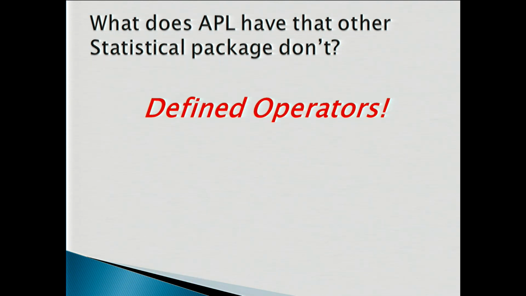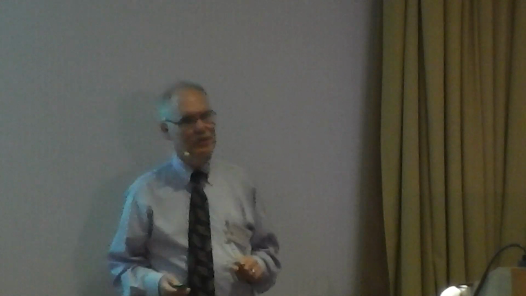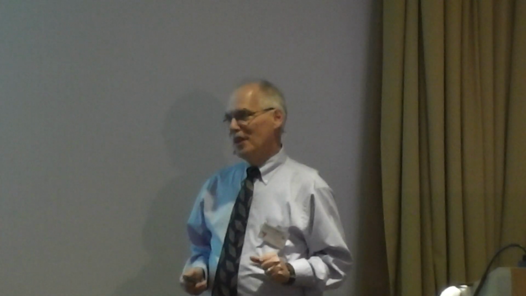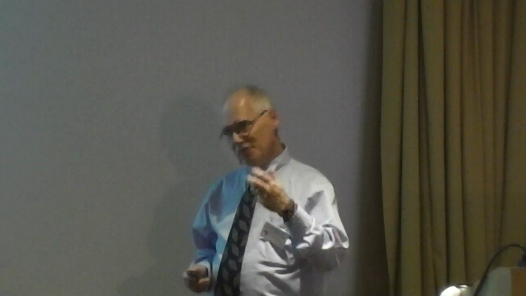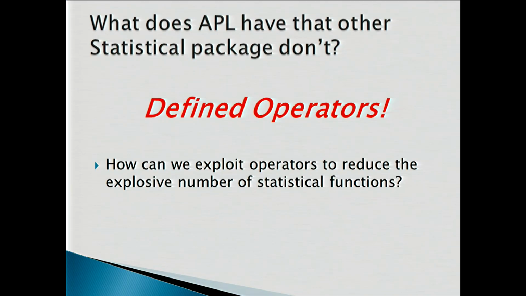We have defined operators, and I want to mention that operators are very useful. I've noticed that Dyalog likes to develop new operators. They've got a lot of new operators out there, and I've come up with some operators for statistics. So I want to show how we can exploit operators to reduce the number of functions.